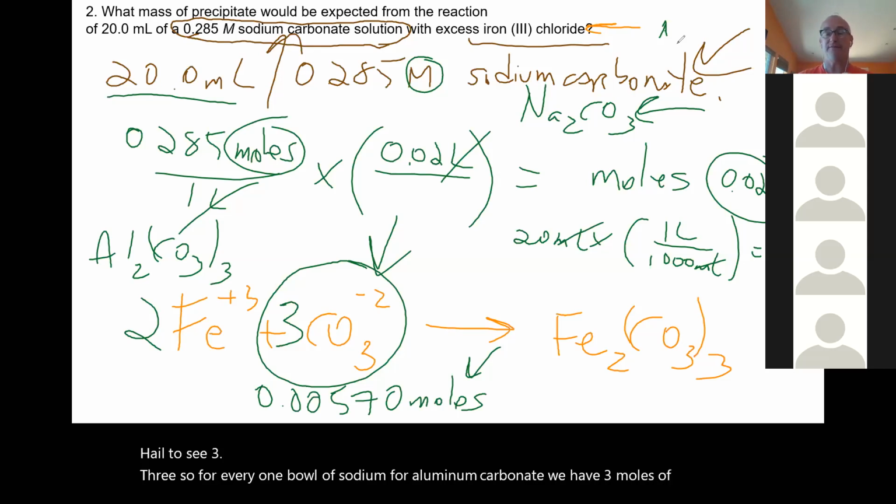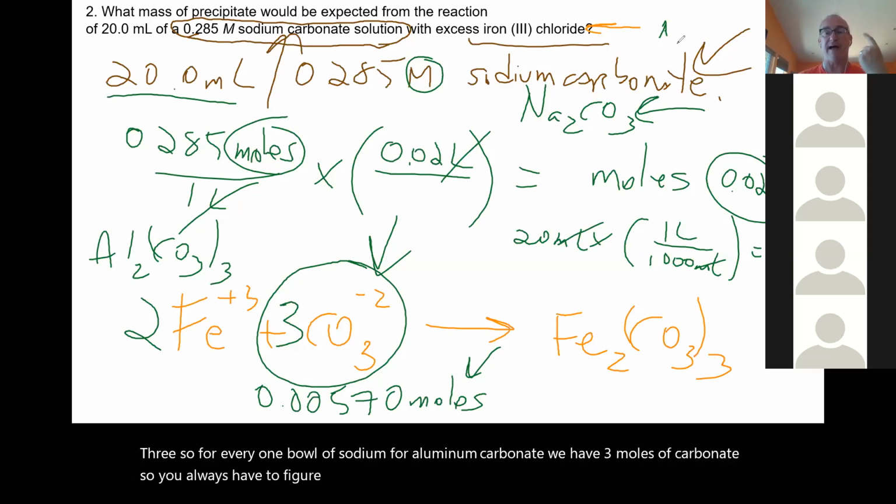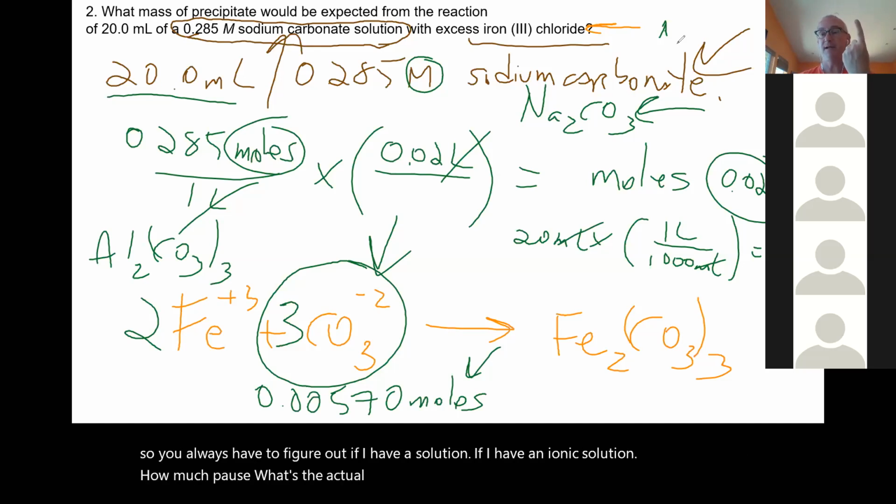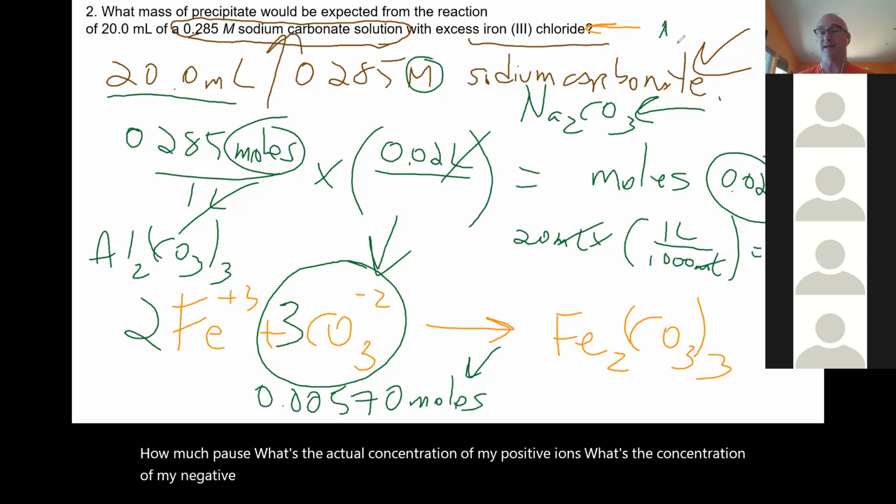So for aluminum carbonate, we'd have 3 moles of carbonate for every mole. So you always have to figure out, if I have an ionic solution, what's the actual concentration of my positive ions? What's the concentration of my negative ions? In this instance, we're interested in the negative ion. Now the concentration of sodium ions would actually be twice as much as this.